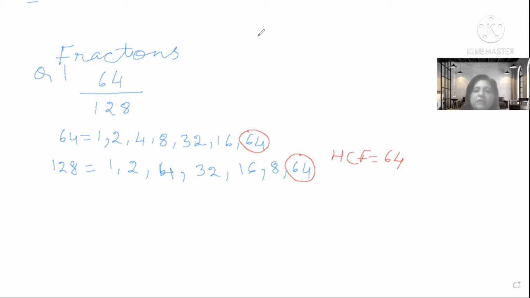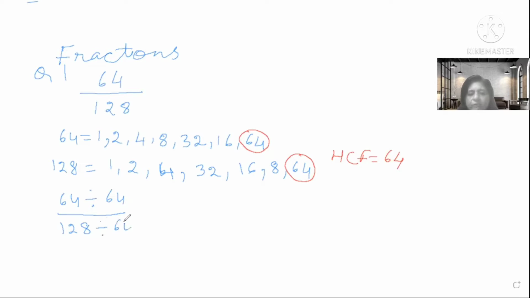So HCF is equal to 64. So now we divide numerator and denominator by the highest common factor, that is 64.